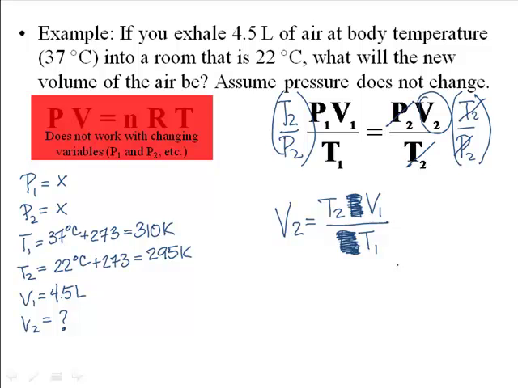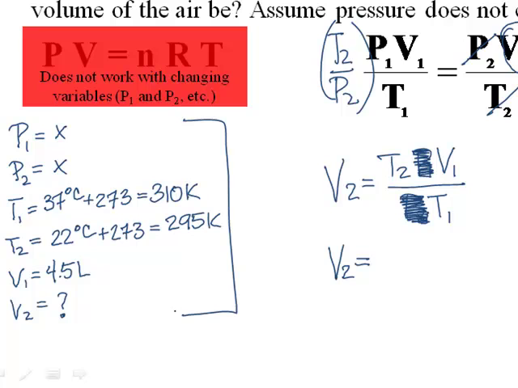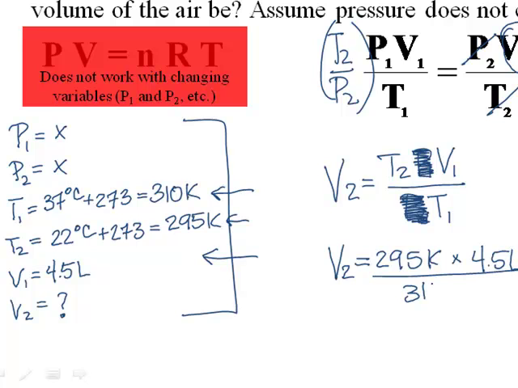I'm left with T2 times V1 divided by T1, and now you can see why it's easy to have this information, that bracket, already ready to go. I can look here and see that my T2 is 295 Kelvin. I multiply that times my V1, which is 4.5 liters, and I divide it by my T1, which is 310 Kelvin.